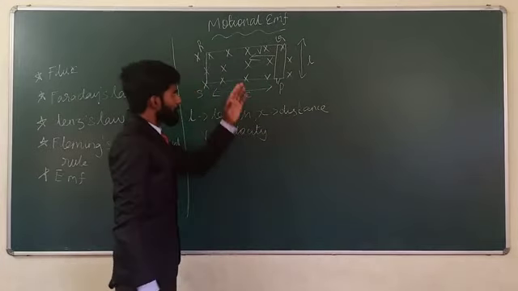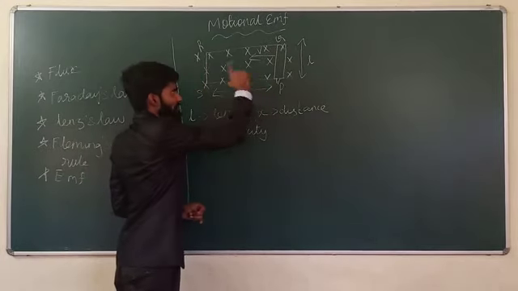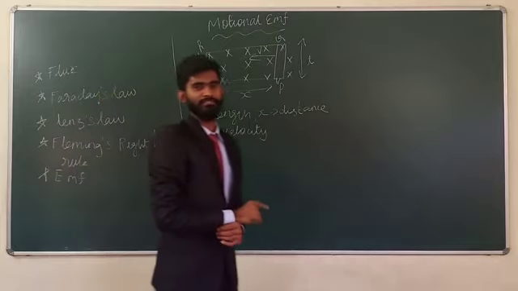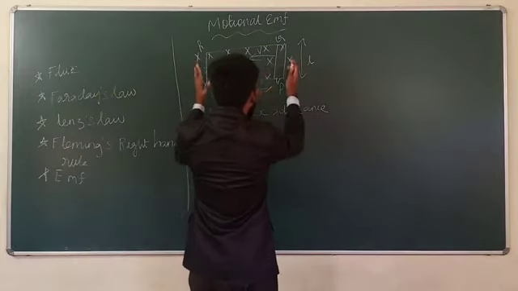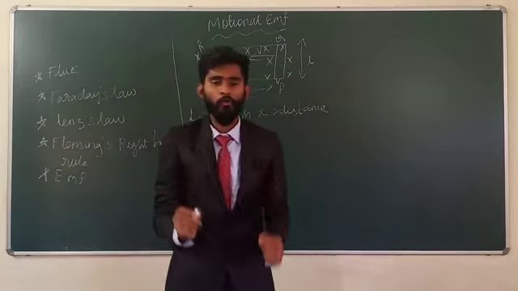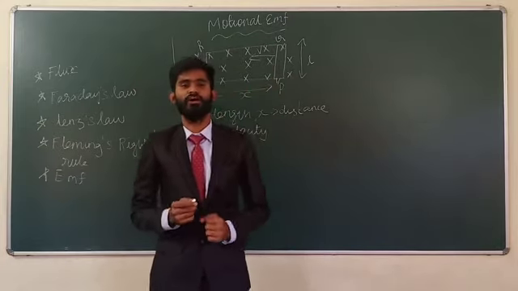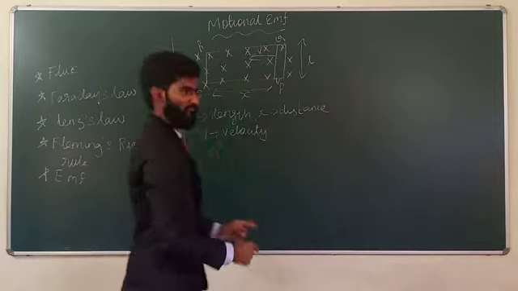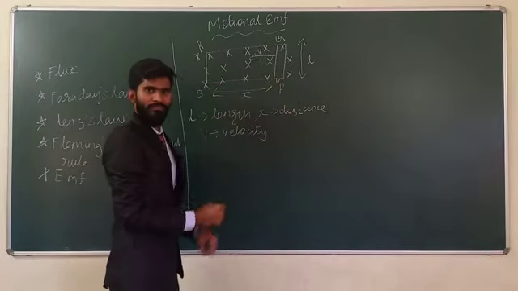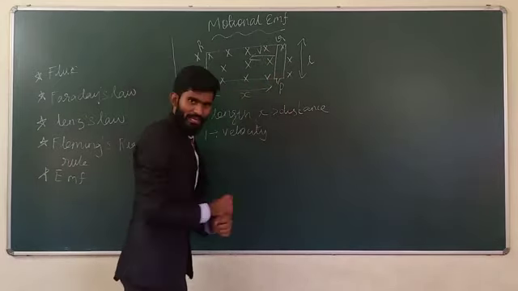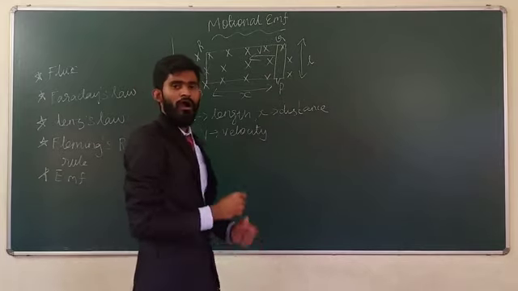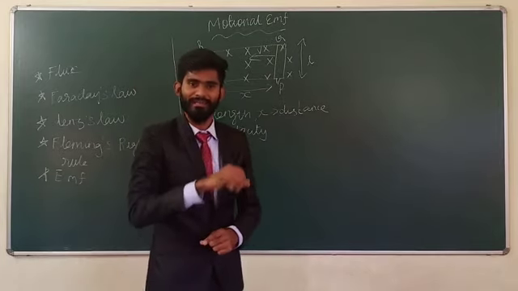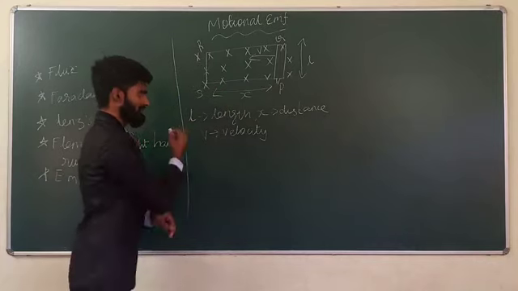So in a particular area, how many lines are flowing, that is called magnetic flux. The conductor occupies an area. On the area, how many magnetic lines are flowing, that is called magnetic flux.